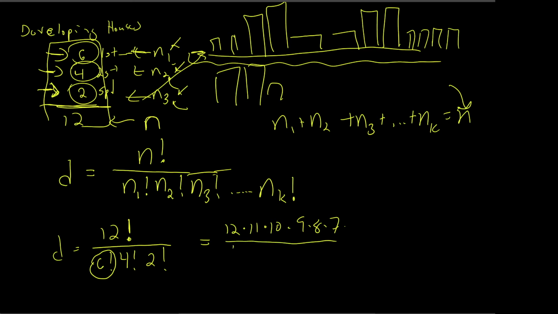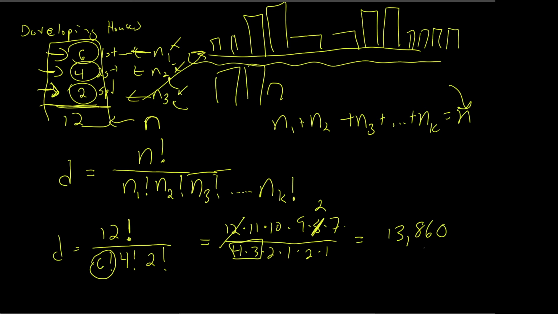Then I'll expand the others out: 4, 3, 2, 1, and 2 times 1. I notice that the 4 and the 3 give me the 12, and then I have 4 left over, so I'll divide that by 4 and get 2. This just makes it easier on my calculator. There are 13,860 distinguishable permutations amongst this type of housing.